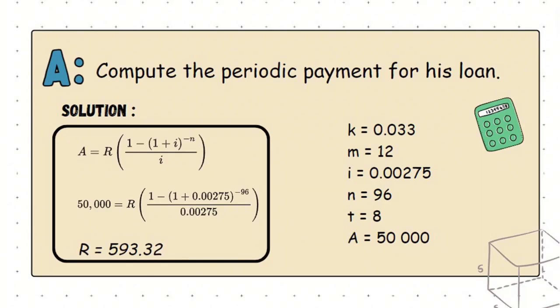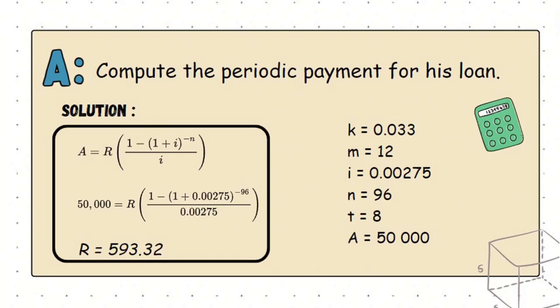So the solution for this question is we are going to use the formula A equals R bracket 1 minus (1 plus I) to the power of negative n, over I. So for the A, we will put 50,000 equals R, because it was an unknown value, and bracket 1 minus bracket 1 plus 0.00275 with the power of negative 96 outside the bracket, and we will put it over 0.00275.